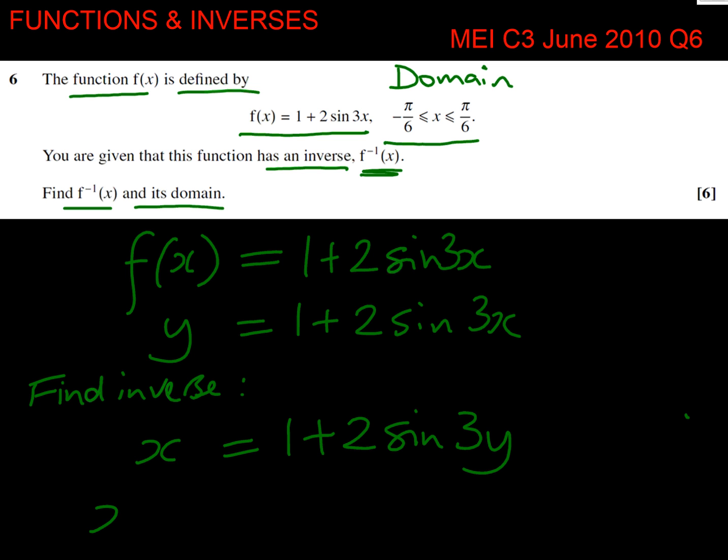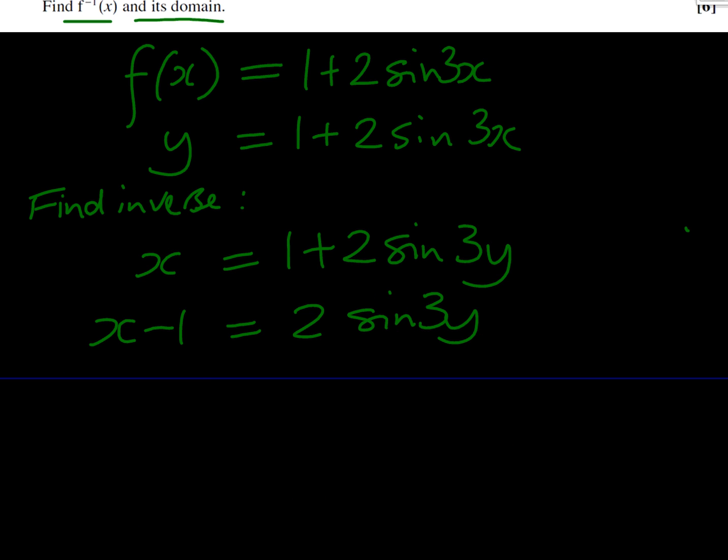So our first step will be to write x minus 1 equals 2 sine of 3y. And then we're going to divide by 2. Every operation, we're just undoing them here. So now we've got x minus 1 all over 2 equals sine of 3y.